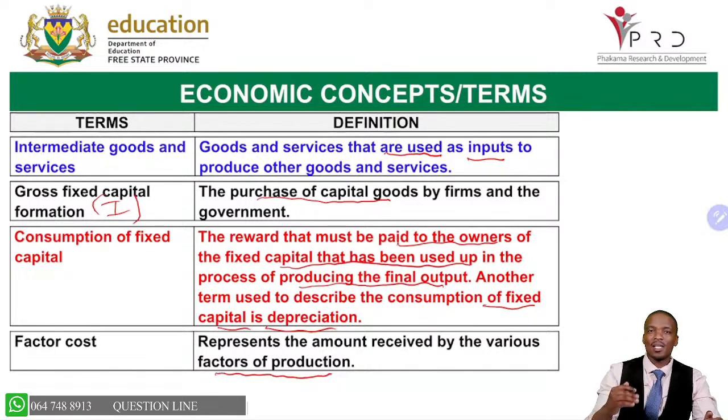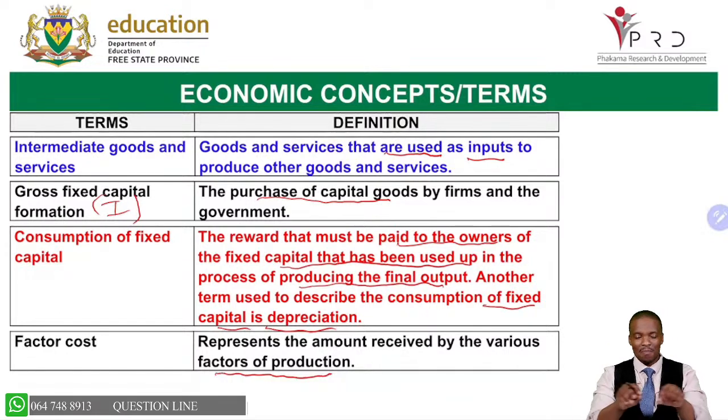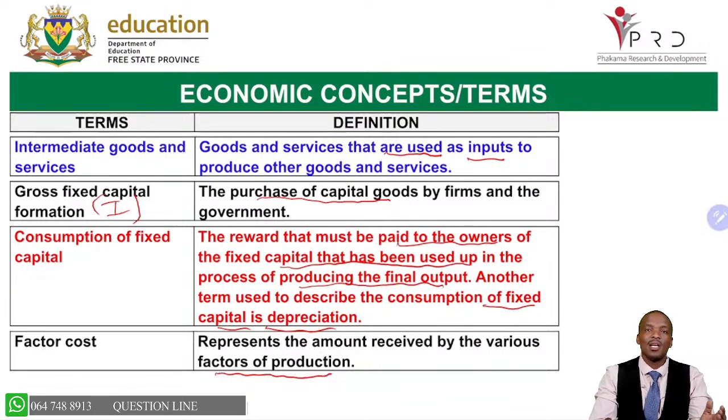Remember the first 4 marks of a data response. 1 mark, 2 marks, of which the middle part says briefly describe the concept. So if you see concepts such as consumption of fixed capital, you will be able to say, I remember this. If you see concepts such as gross fixed capital formation, purchasing of capital goods by firms and the government, that gives you straight 2 marks.